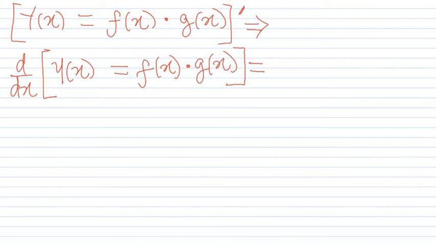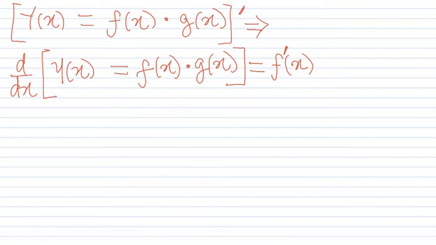The way this is done is basically you get f of x prime, so f prime of x. This is trying to tell you that the f of x function is one of the functions. Remember, it's a product rule. We're multiplying two functions together.